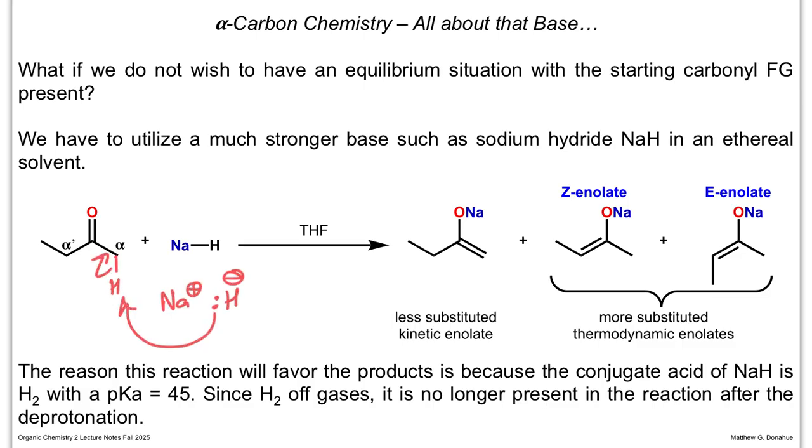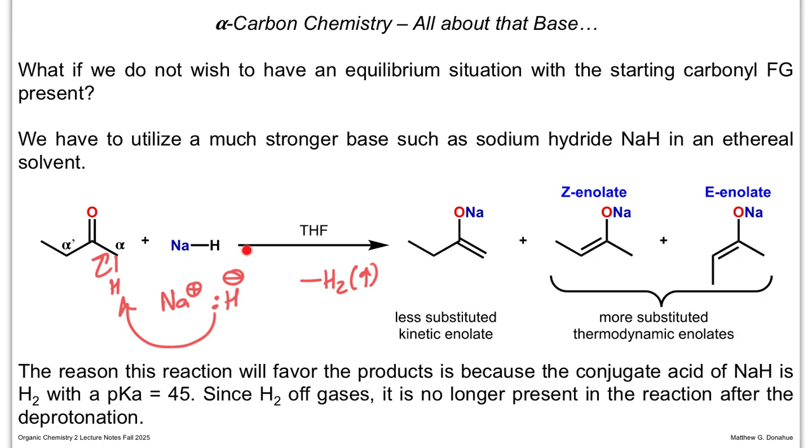For example, if that deprotonates from the methyl group, we have H abstracting H. The conjugate acid of that is H2, which is lost as a gas, so it's no longer in solution.